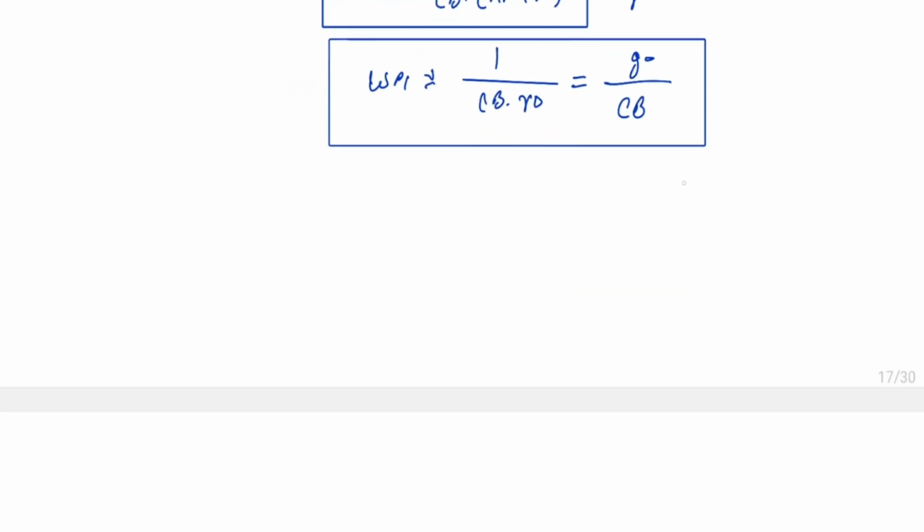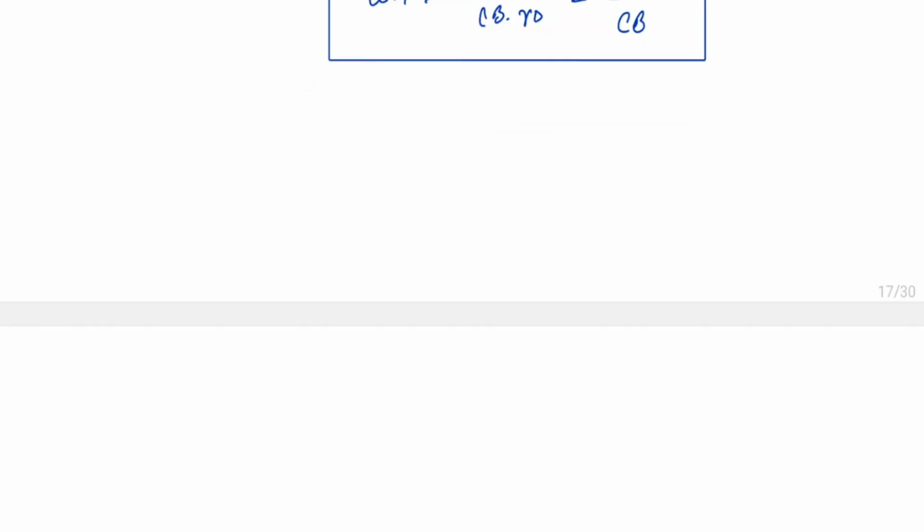Now we will calculate the pole due to Cp. Since Cb is large, it will be treated as a short circuit, and Cp will exist in the circuit.